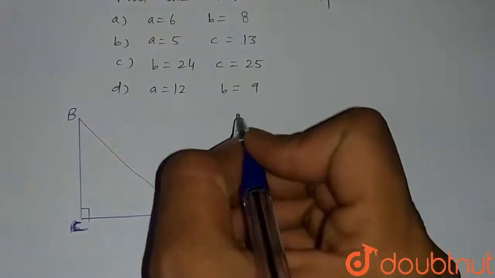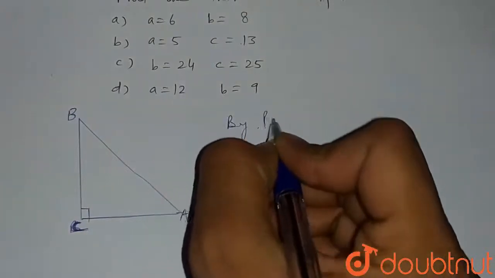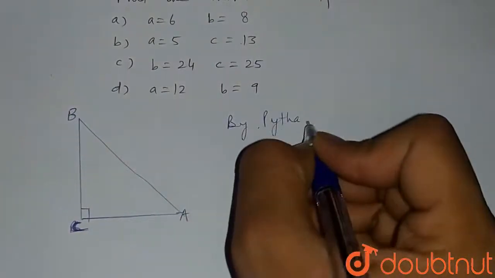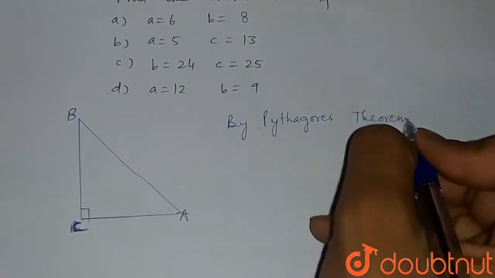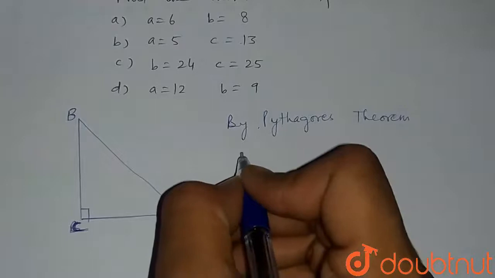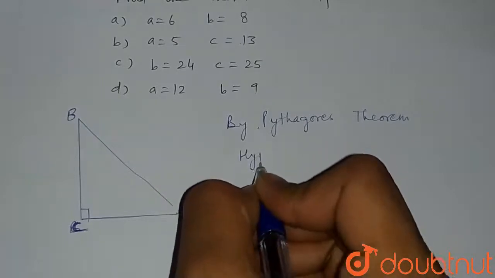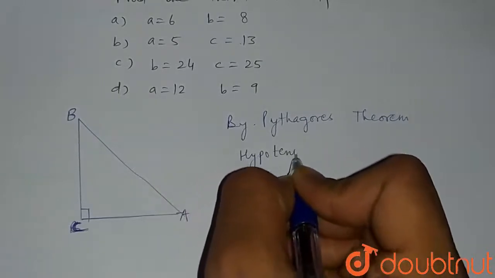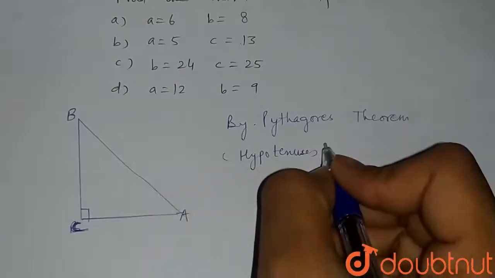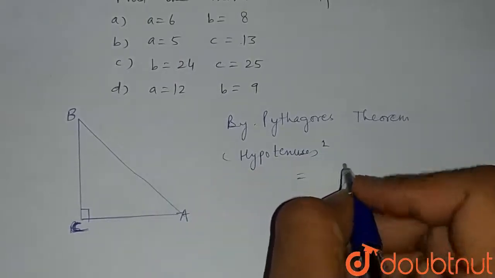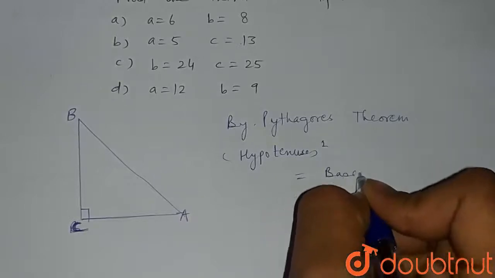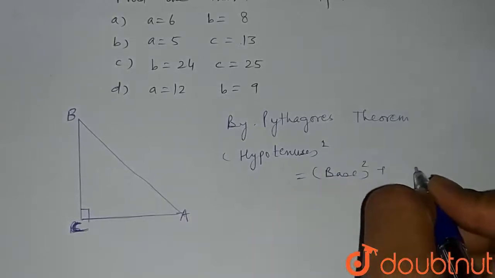So in a right triangle, by Pythagoras theorem, we know that the square of hypotenuse is equal to square of base plus square of perpendicular.